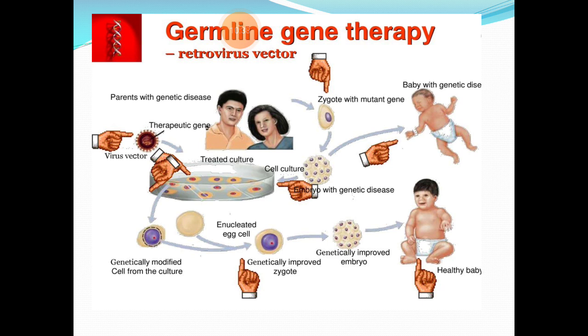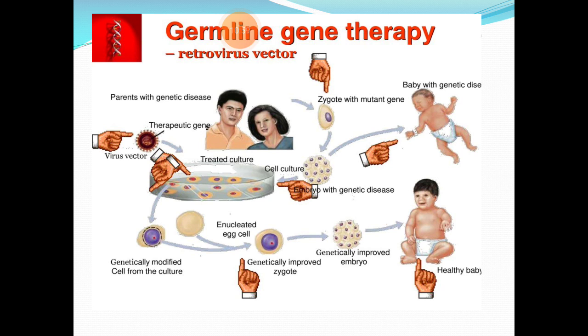Okay, a viral vector which has incorporated a functional gene in it, and that is added to the cell culture. And then you will get a genetically modified cell from the culture, where the bad gene has been replaced by a functional gene.